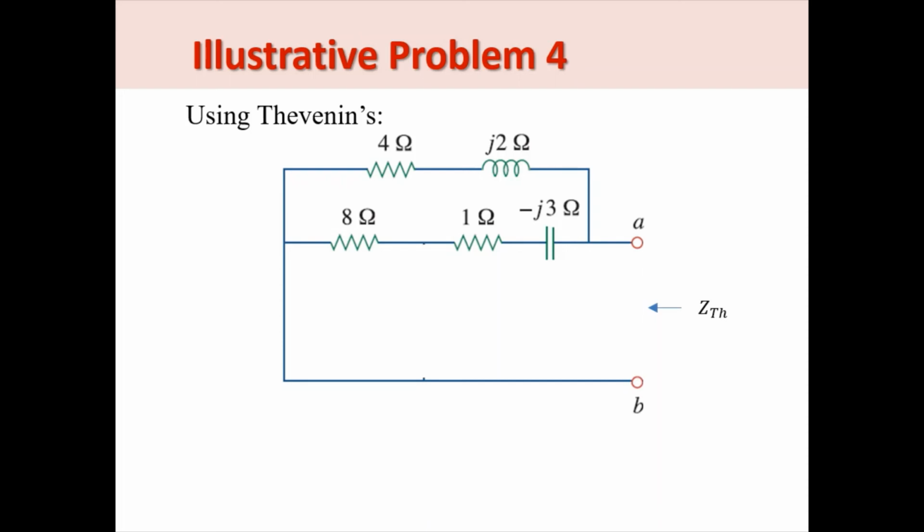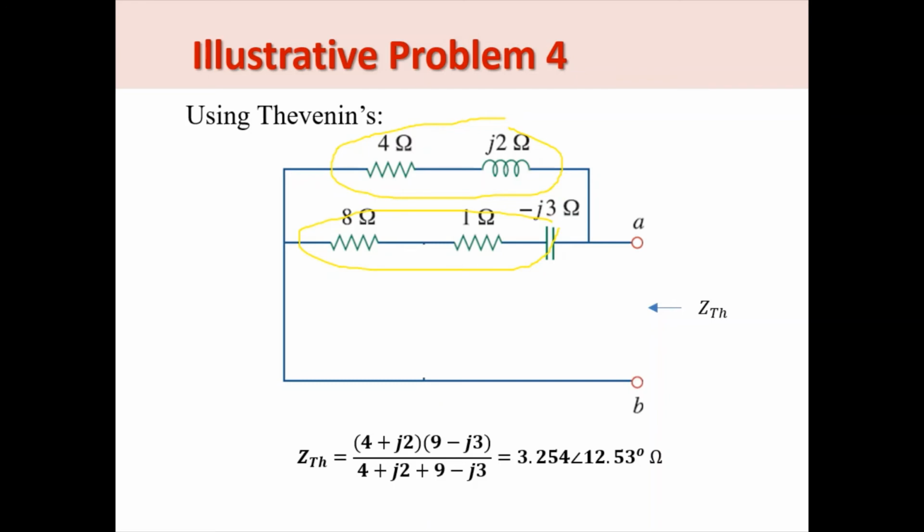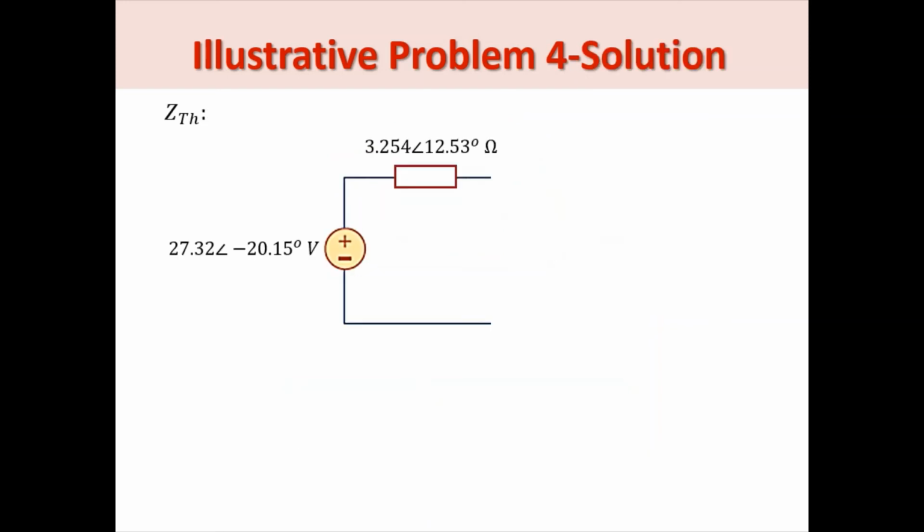To solve for ZTH, we can apply case 1 because all sources are independent sources. So we get the circuit, and notice that this part of the circuit is in parallel with this one. So we can solve for that immediately. So we get this value for ZTH. And therefore we have this Thevenin's equivalent for that part of the circuit.